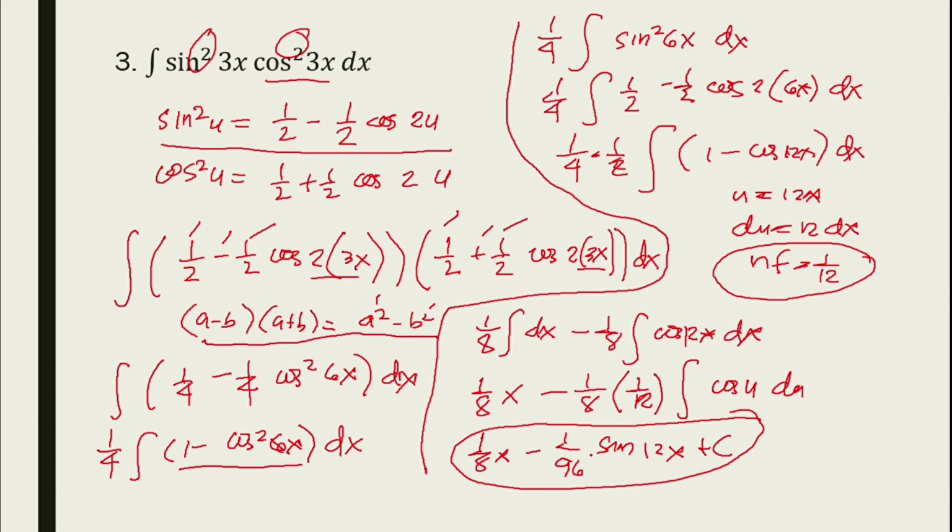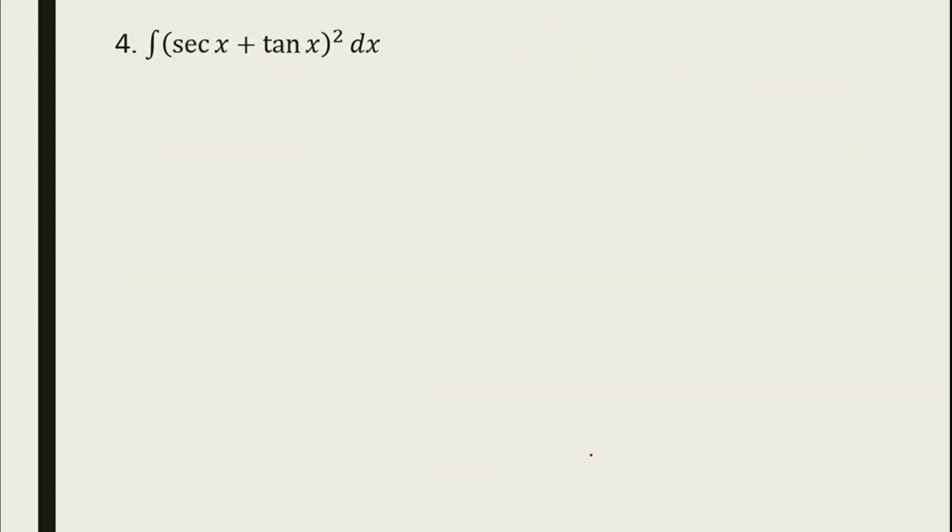So next we have number 4. In number 4, we have the integral of sec x plus tan x quantity squared. So this is case number 4. So we have n is a positive integer, which can be integrated by the use of trigonometric identities.